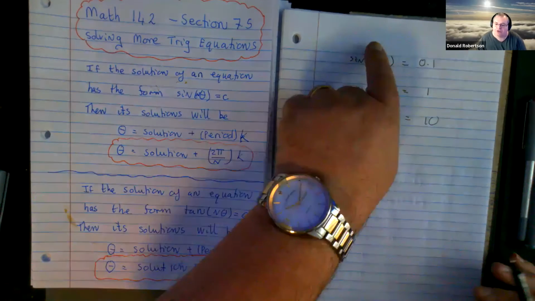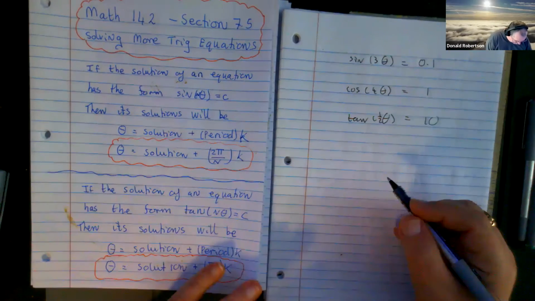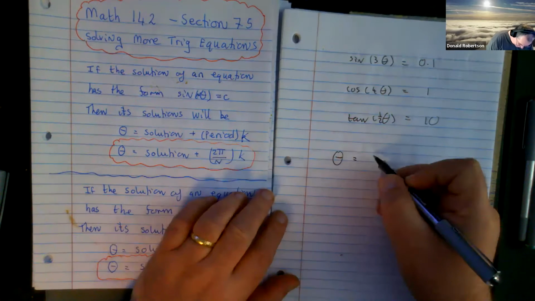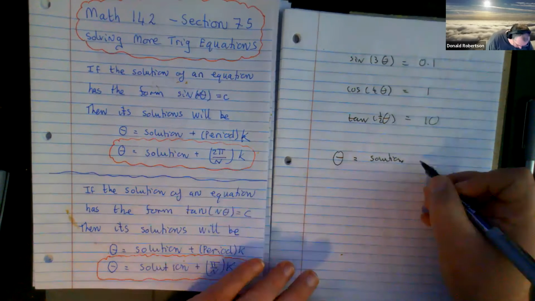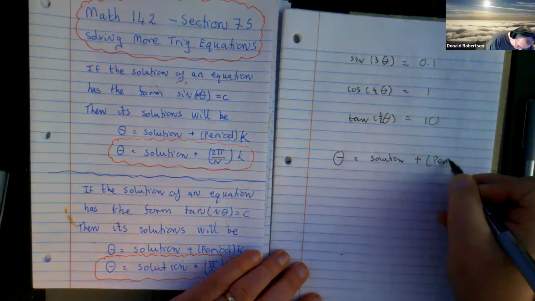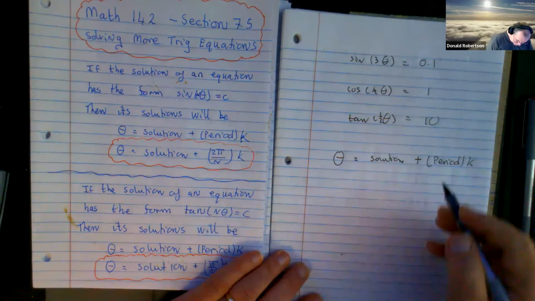Whenever you get an equation where it's a multiple of theta, you're going to have a solution that looks like this. It's going to be theta is whatever the solution you get from your unit circle once you've solved it, and then this bit plus the period of whatever the function you're dealing with, k.